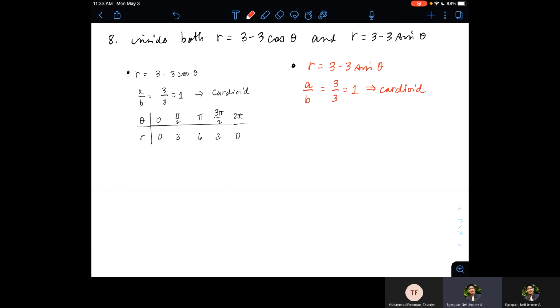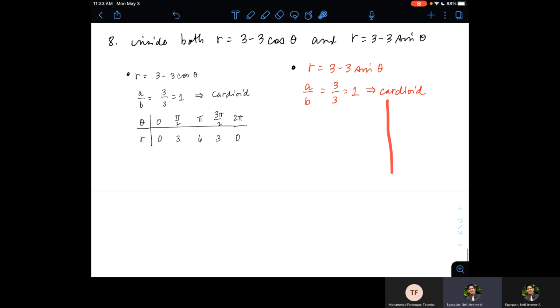But this is a bit different from the cardioid we have for the first equation because now we have a sine. And since we have a sine here, the cardioid will be predominantly either on the positive or the negative y-axis, right? And then since it has a coefficient -3, that means it is predominantly on the negative y-axis.